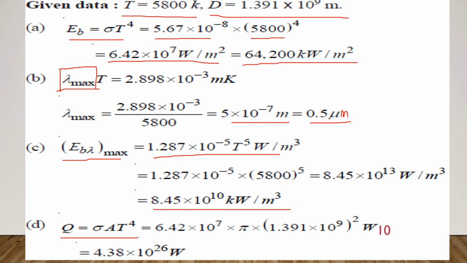Now we have to find out what is the heat liberated, Q. So Q equals sigma A into T power 4. So sigma value is known to us, diameter value is known to us, temperature value is known to us. So we have to put all the values here. So we will get the amount of radiant energy emitted by the sun, that is equal to 4.38 into 10 power 26 watt.